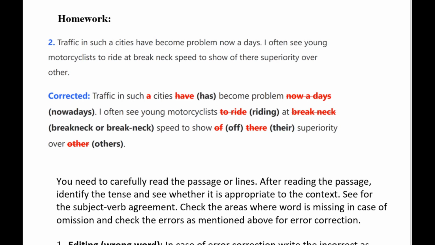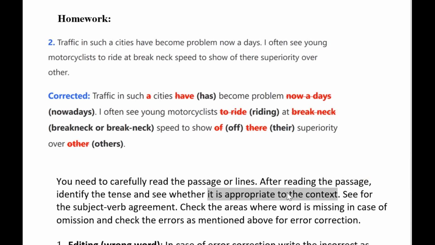All you have to take care of, as we remember from the last class, is that you need to carefully read the passage or lines. You have to observe them carefully. After reading the passage, identify the tense.